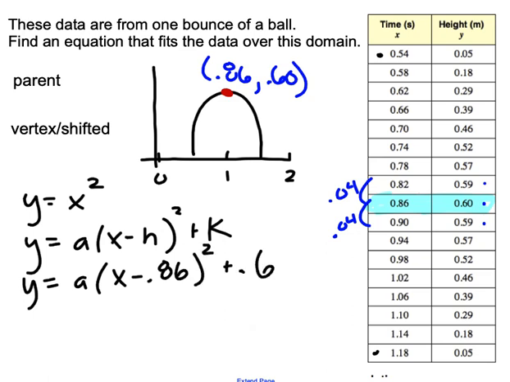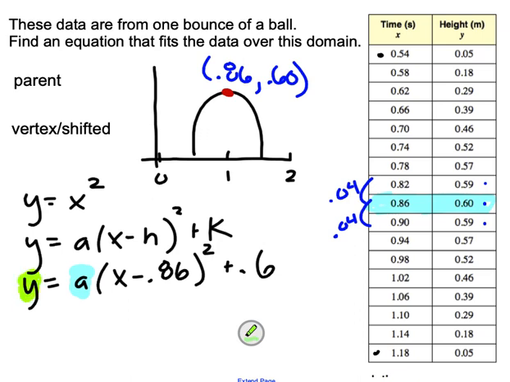Now we're back to where we were in the last problem, where all we have to do is solve for A. So my challenge is, can I find a different ordered pair on my graph to plug in? And the truth is, yeah, I have all of these ordered pairs. I could choose any one of these to plug in to solve for A. But I think there are some better choices than others, because data is messy in real life.